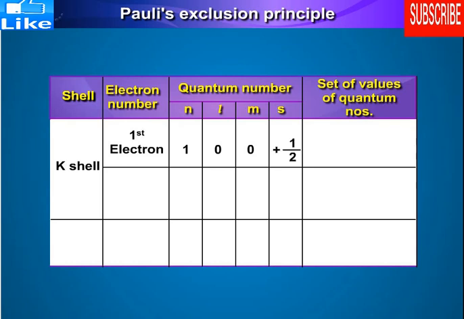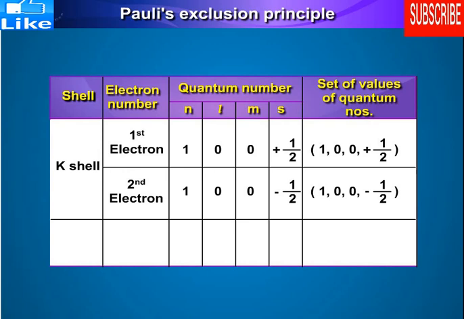Set of values: 1, 0, 0, plus 1/2. For the second electron, n is equal to 1, l is equal to 0, m is equal to 0, and s is equal to minus 1/2. Set of values: 1, 0, 0, minus 1/2.